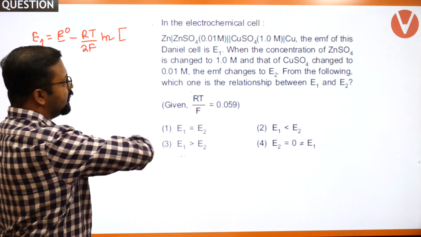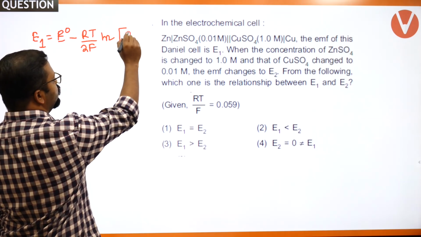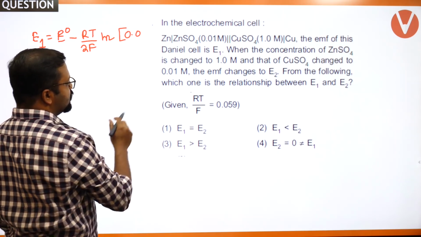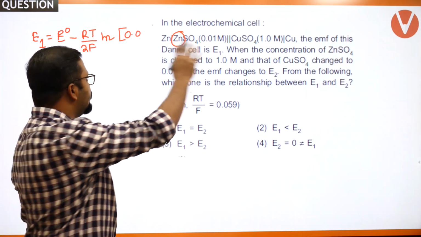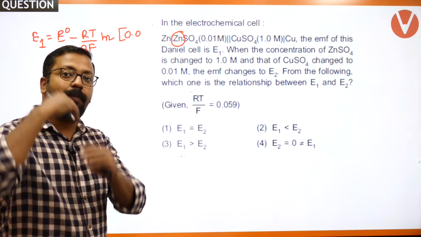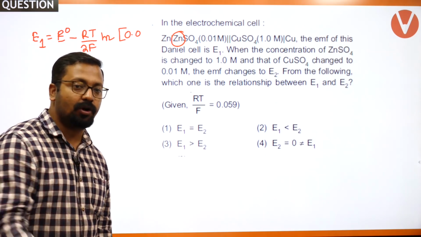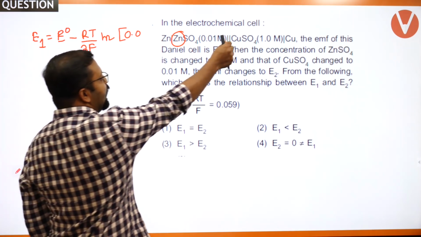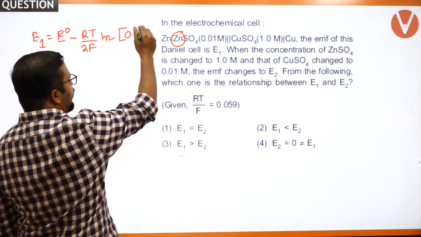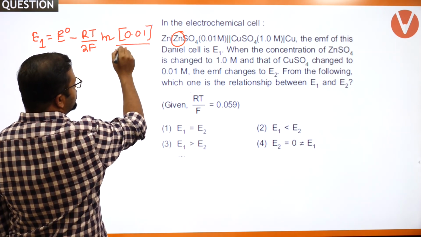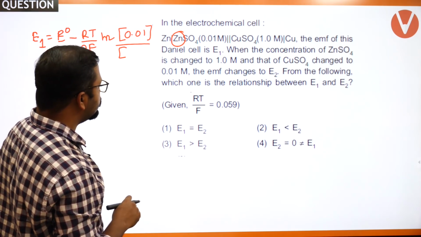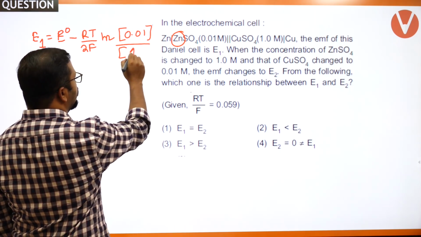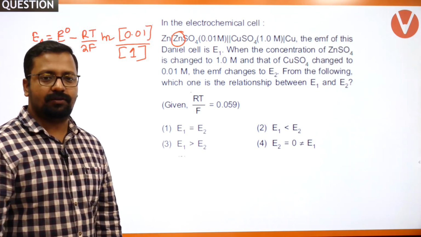It will always be written as the oxidized state by reduced state. So oxidized state is for zinc 2+, zinc is getting oxidized. So always remember, in the Nernst equation, the numerator will always be the oxidized entity, and whatever is in the denominator will always be that entity which is undergoing reduction. Okay?